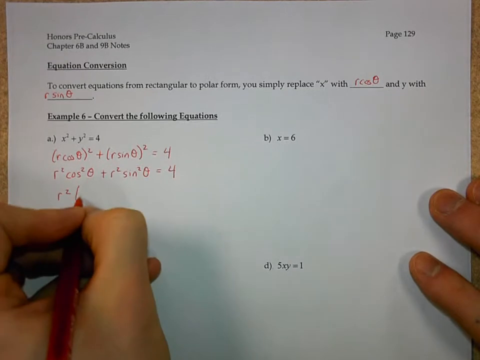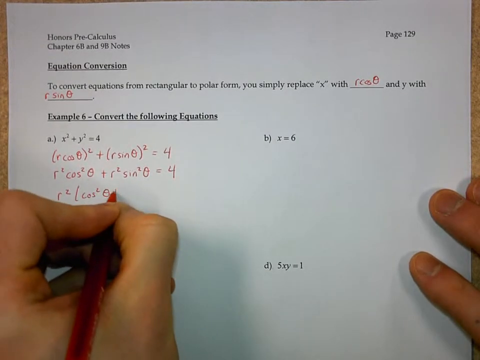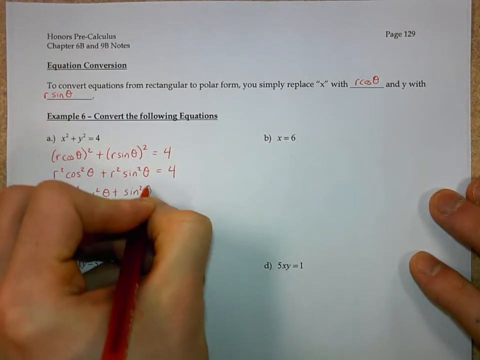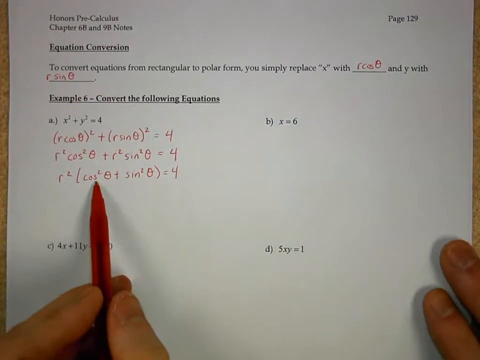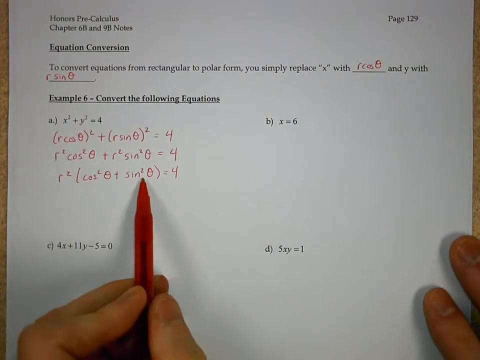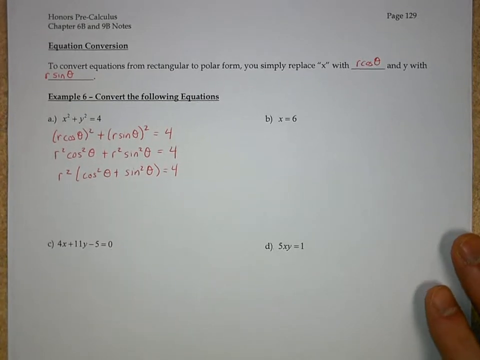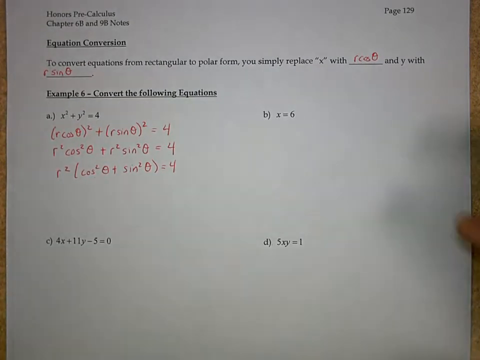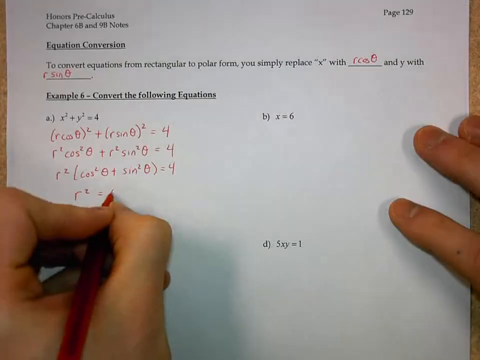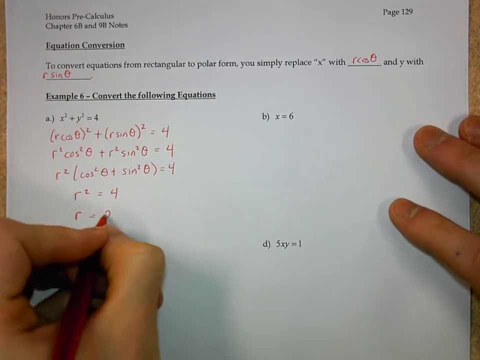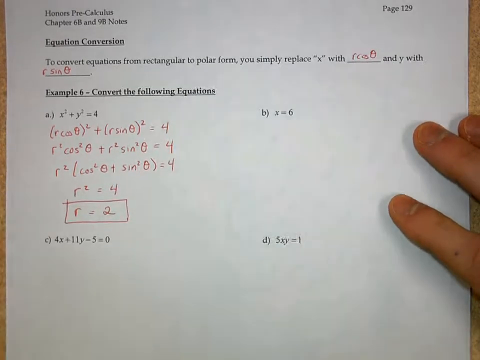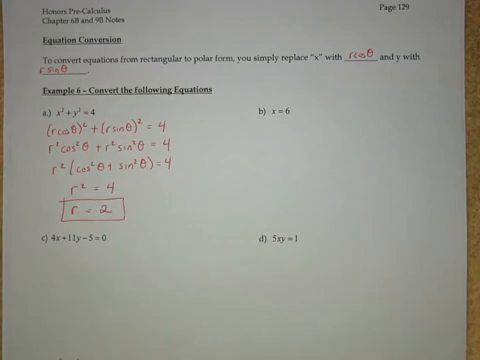So r squared times (cosine squared of theta plus sine squared of theta) is equal to 4. I know cosine squared plus sine squared is equal to 1. That's an identity we learned back in chapter 4. So really, I've got r squared is equal to 4. Take the square root of both sides, and r is equal to 2.